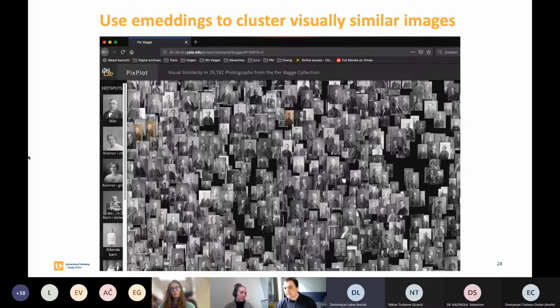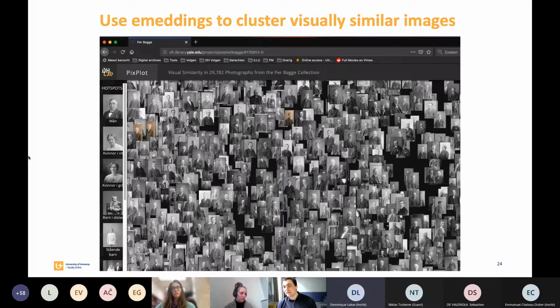So all these images are in the end represented to the model as an enormous collection of numbers. And these numbers result in the fact that you can place an image or a document, but in our case images, in a large vector space, a multi-dimensional space. And you can use all sorts of techniques to calculate the distance between different documents in this vector space.